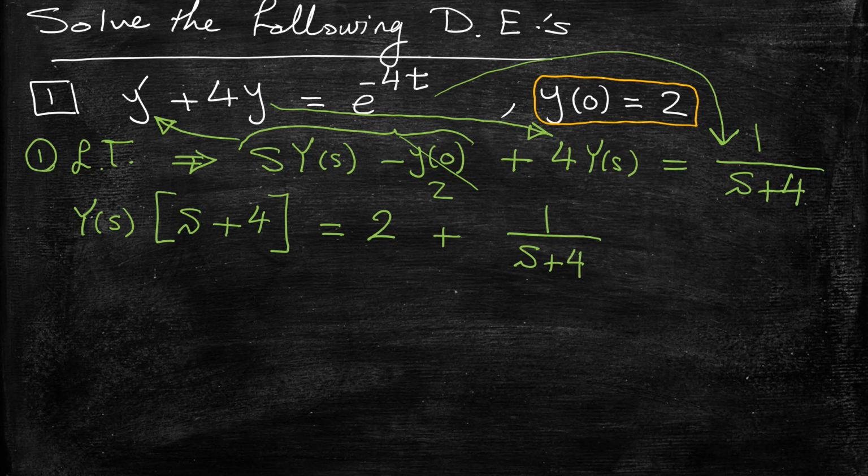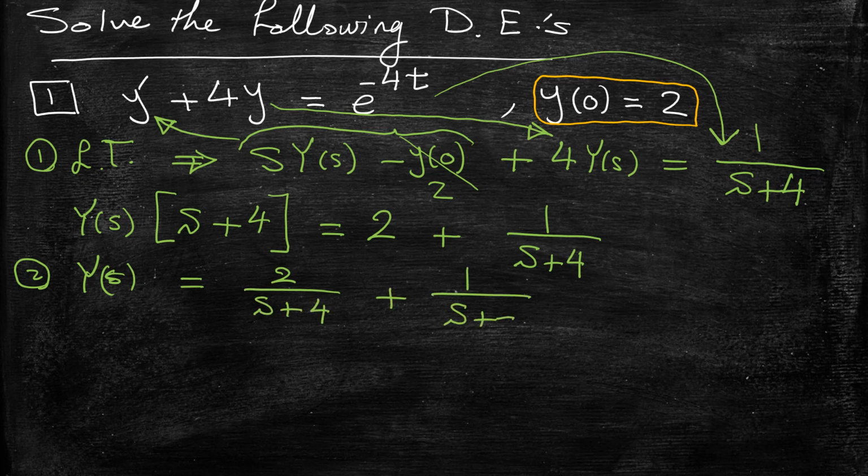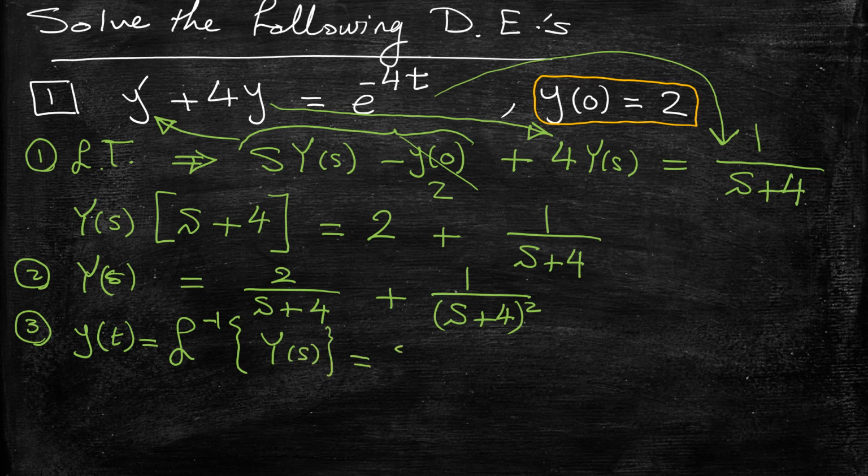So this is our second step, the simplification. Y(s) will be 2/(s+4) + 1/(s+4)^2. Okay, so the last step: what's y(t)? y(t) is the Laplace inverse of this Y(s), which is 2 times the first term, the exponential, very straightforward from the table.